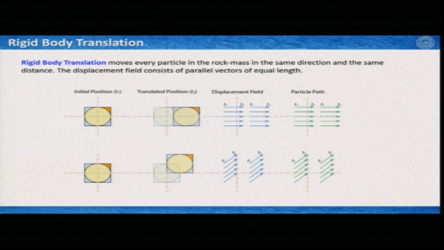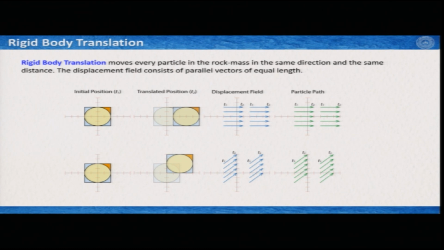Now, the translated position, which is column 2, is at time 2. So, position 1 was at time 1, which is T1, and position 2 was at T2. The translated position is given by this, and the initial position is made transparent.